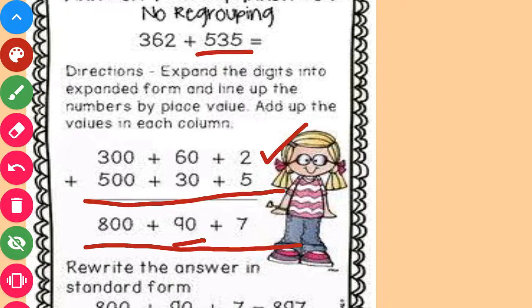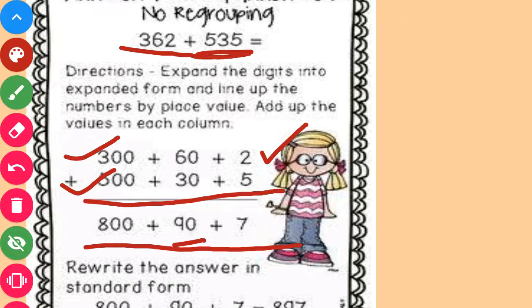See, we are having here two numbers. To add them using expanded form, we will expand each of the numbers. Here we have expanded 362 and here we have expanded 535. And then we will arrange them in their place value position and then we will add them. So 5 plus 2 will give us 7. 60 plus 30 will give us 90.